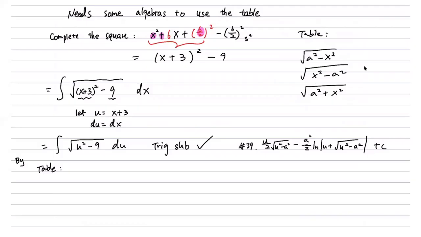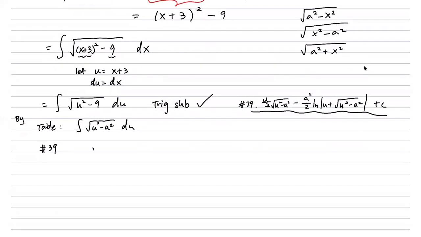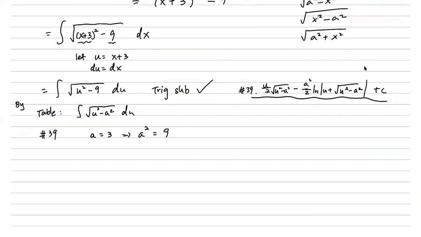All right, so now here I have the integral of radical. Now basically what I have is u squared minus a squared. So this is the table I have. So for number 39 here, du. So I'll have a equal to 3, or in other words, I probably just need a squared, so a squared equal to 9. So I'll just plug that into my formula.